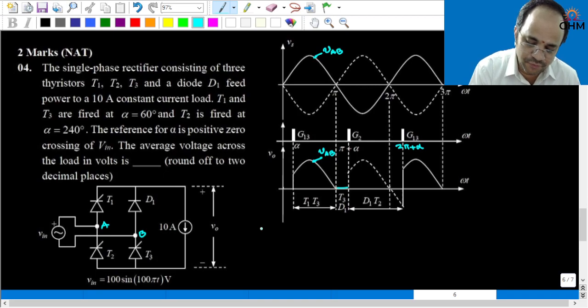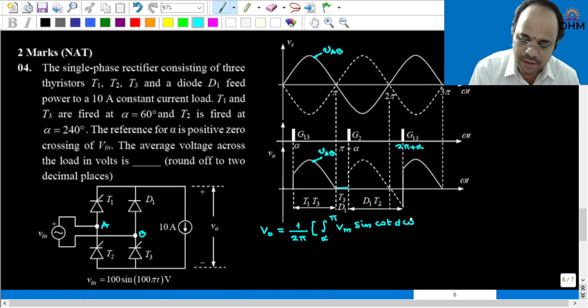Therefore, with this output voltage, the average value can be defined like this: 1 by 2 pi, integration from alpha to pi of Vm sin omega t d omega t, plus the integration from pi plus alpha to 2 pi plus alpha of minus Vm sin omega t d omega t. Why minus Vm?